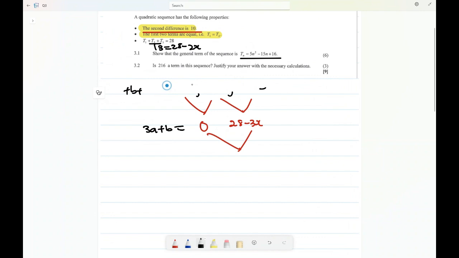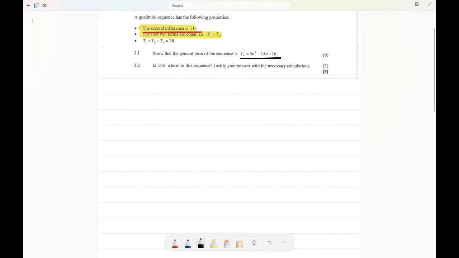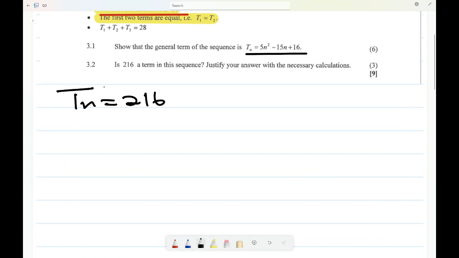Now, is 216 a term in the sequence? How do I get that? I say, all right, let Tn equal 216. But I know that Tn is also equal to 5n squared minus 15n plus 16.